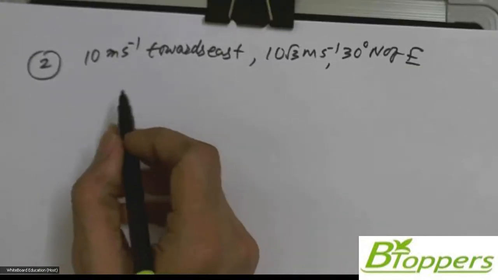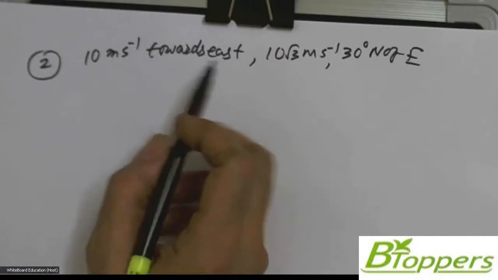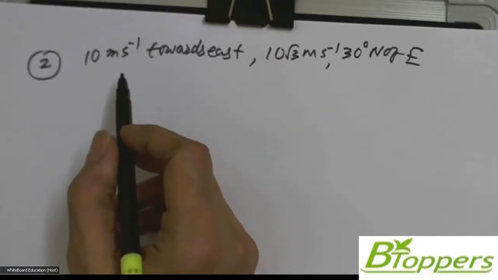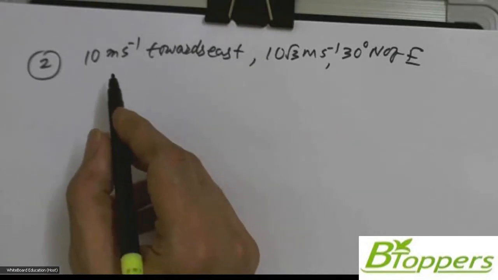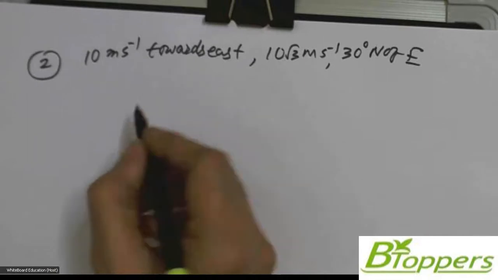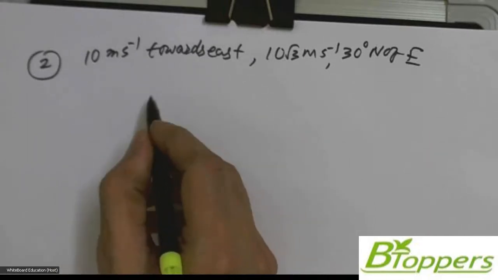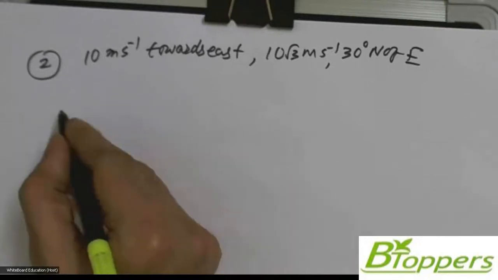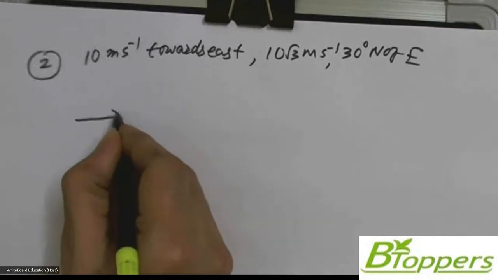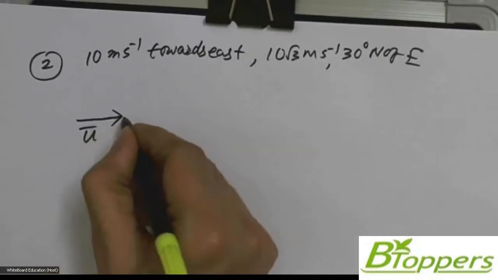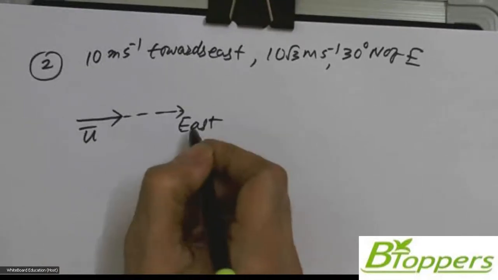So I show the two vectors graphically by the two direct line segments. The tail of one vector is attached to the tail of the other vector. The direction of the initial velocity vector is towards east. U bar represents the initial velocity vector.